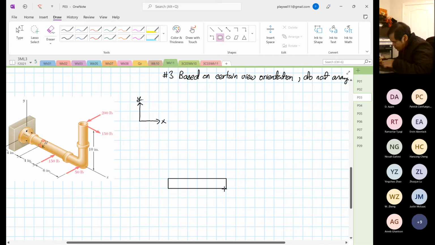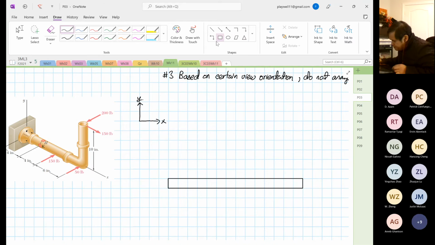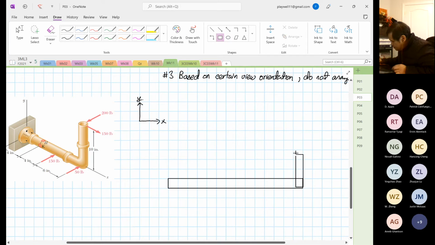For where I'm trying to make it to scale. And then we have our 10. Okay, so this is how our structure will look like. This is just a sketch.